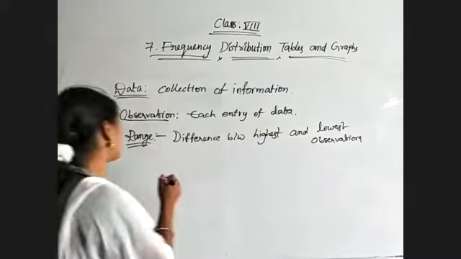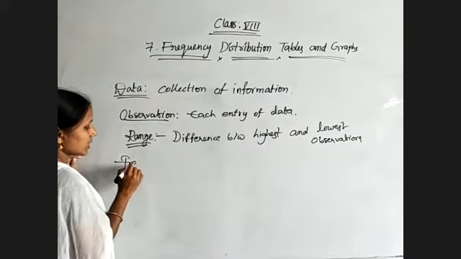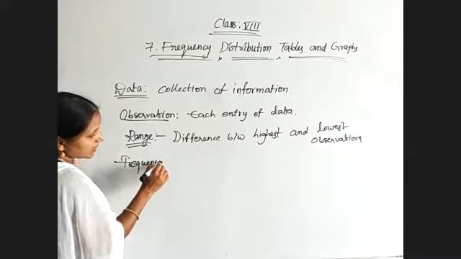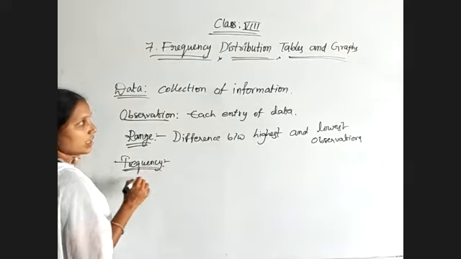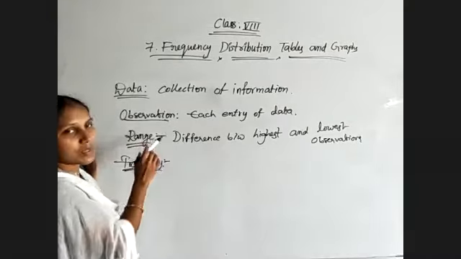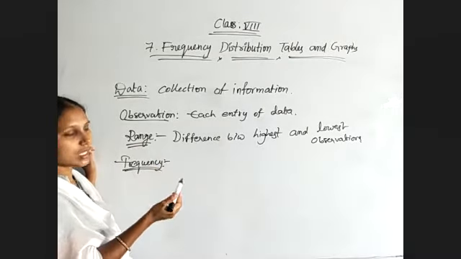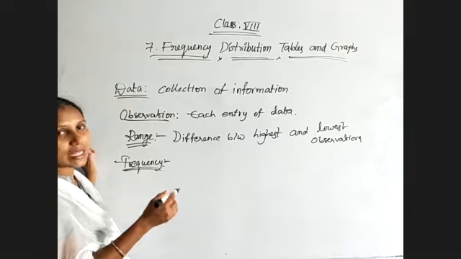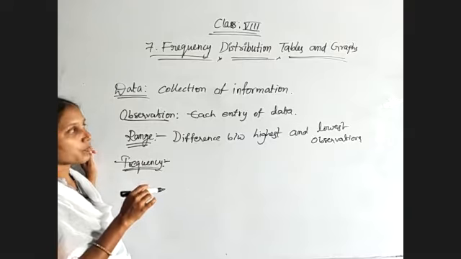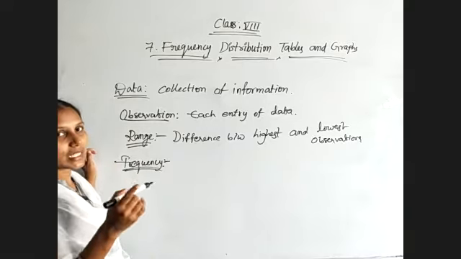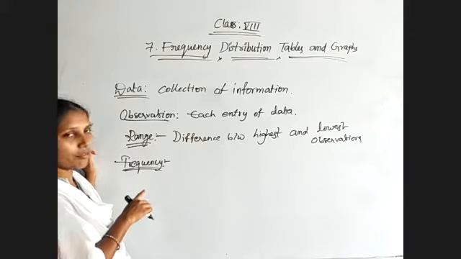And one more thing is frequency. Frequency is nothing but how many times an observation is occurring in the data. Suppose 1 is repeated 3 times, so 3 is the frequency of 1.